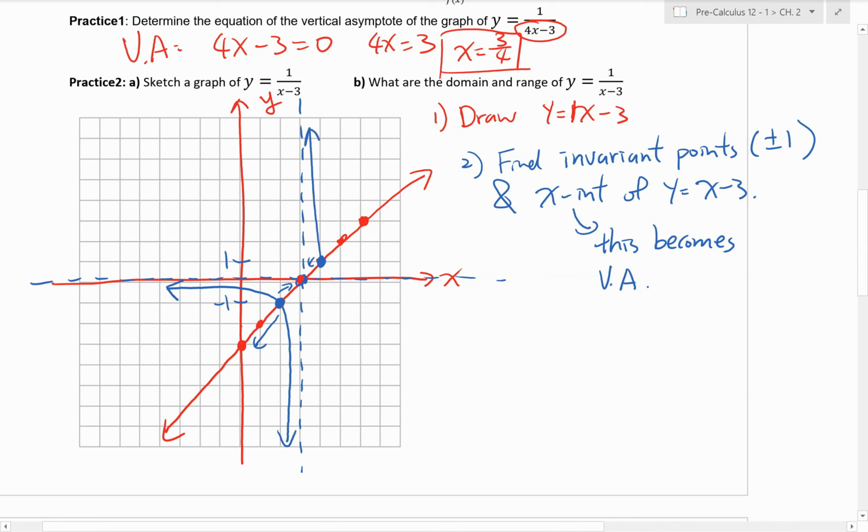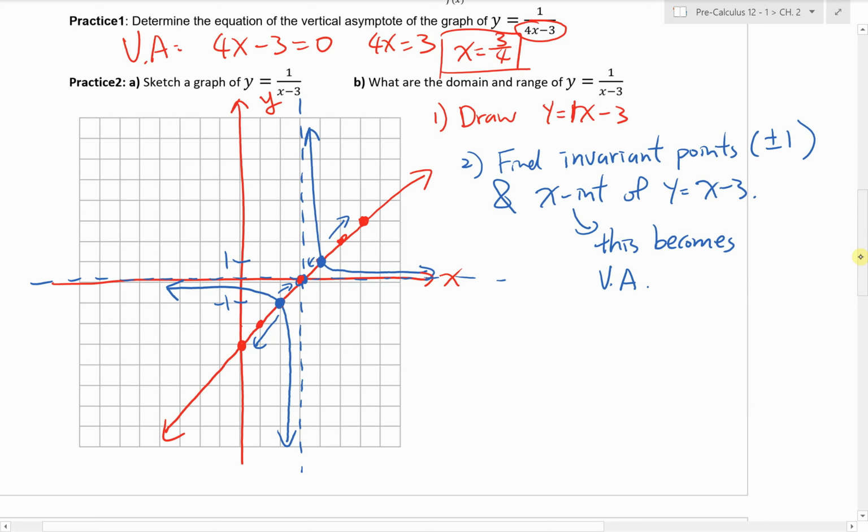It makes sense: the graph will go towards the asymptote. To the right, the red graph is increasing, therefore the blue graph is going to decrease, and again, it will not go through the x-axis, because that's our horizontal asymptote.